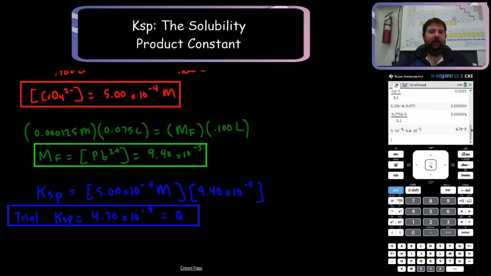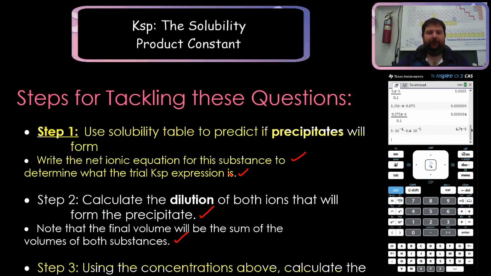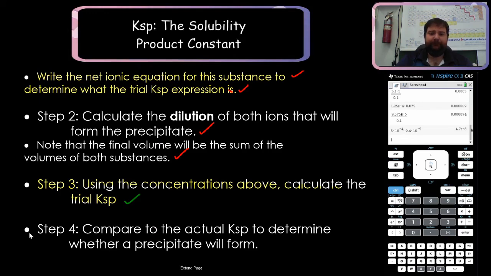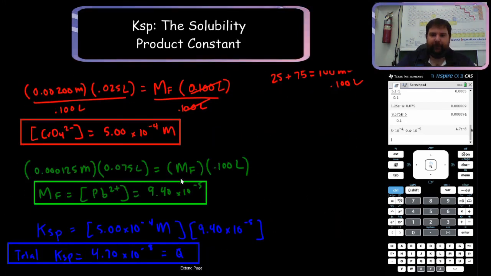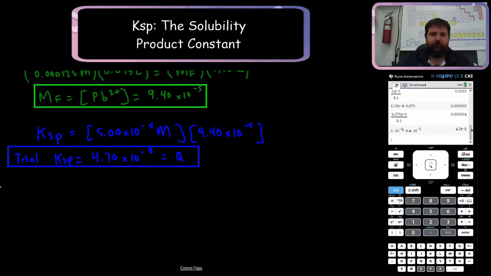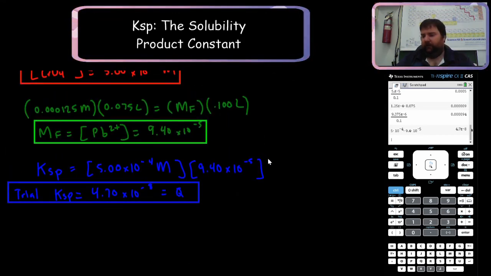All right. Well, step 4. Compare to the actual Ksp to determine whether a precipitate will form. So this is the final step. We have the Ksp of lead chromate is 1.8 times 10 to the negative 14. Let's compare it to that. So we found 4.70 times 10 to the negative 8.